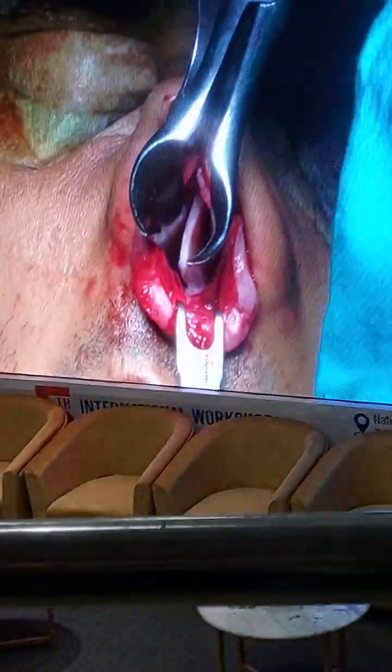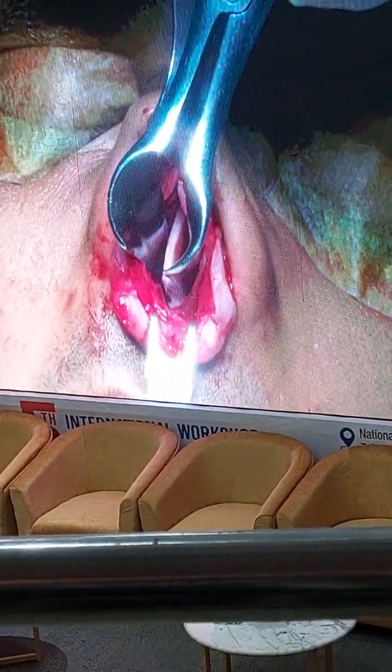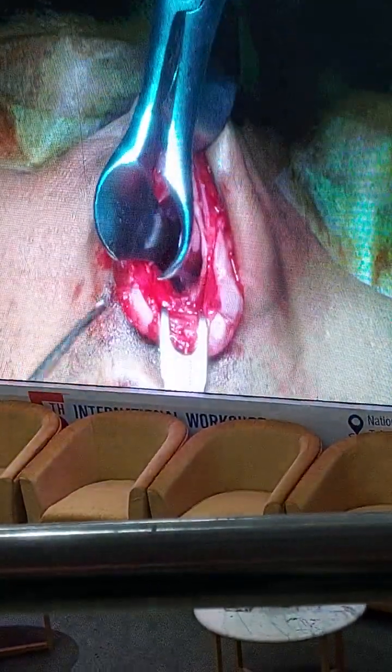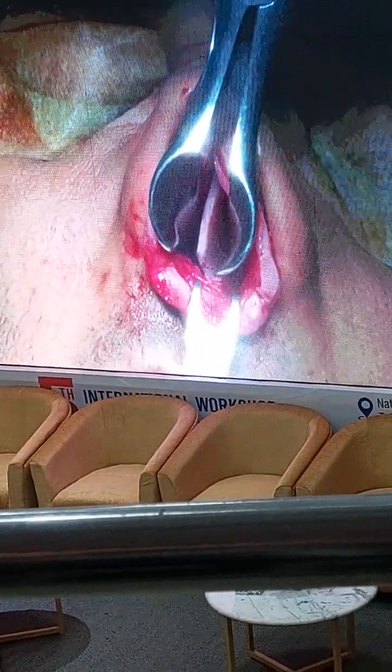Now I want to detach this septum from the posterior side.